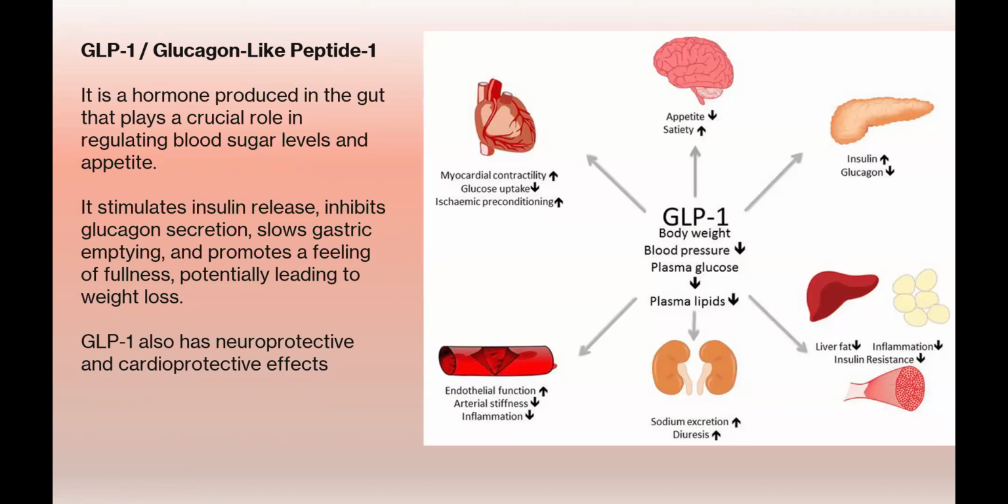So if we look at GLP-1, just to understand what it is, GLP-1 means glucagon-like peptide. Glucagon, and if I'm belaboring the point, tell me to move on, is a hormone produced by the pancreas that helps regulate blood sugar levels.